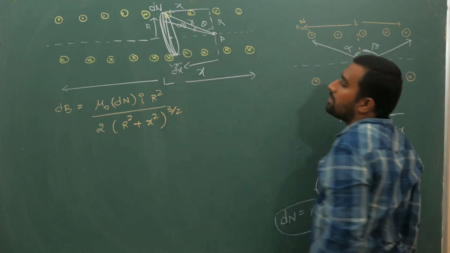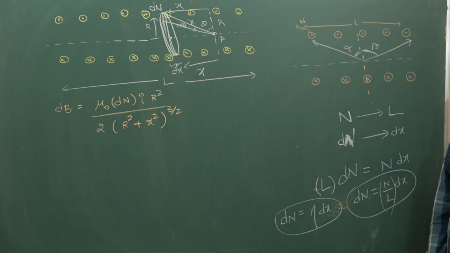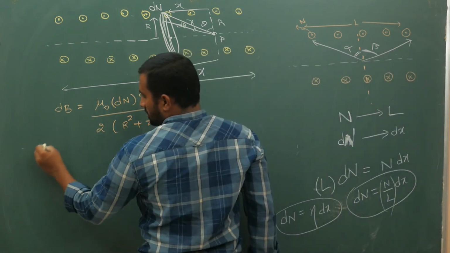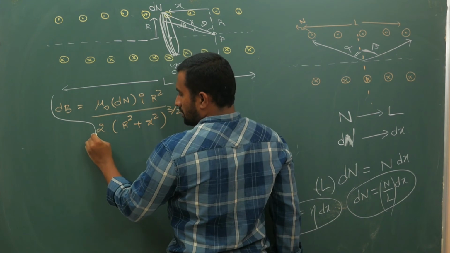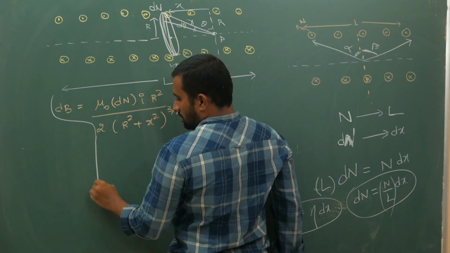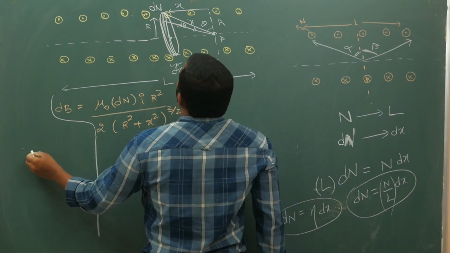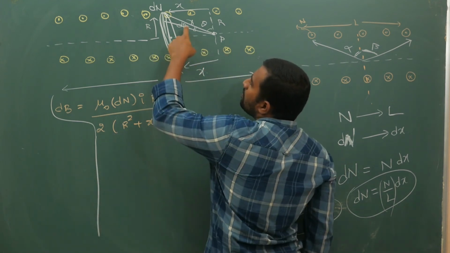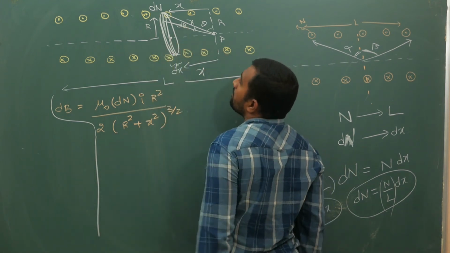Let us say from here to here the distance is small r. I need space, so I will put it somewhere to the side. R square plus x square is equal to small r square, Pythagoras theorem.